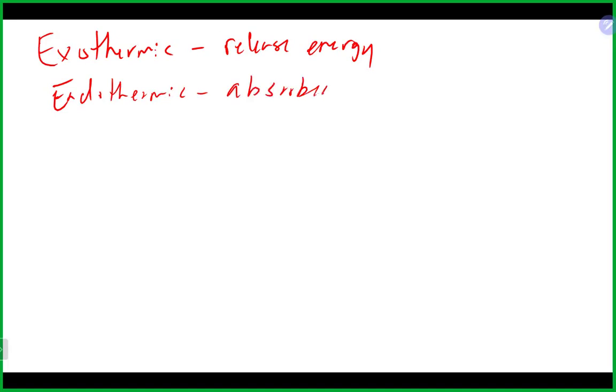We talked about two ways that energy is displayed. One is delta H, which is a change in enthalpy. If it's exothermic, you'll end up with a negative value, and a positive value if it's an endothermic reaction overall.